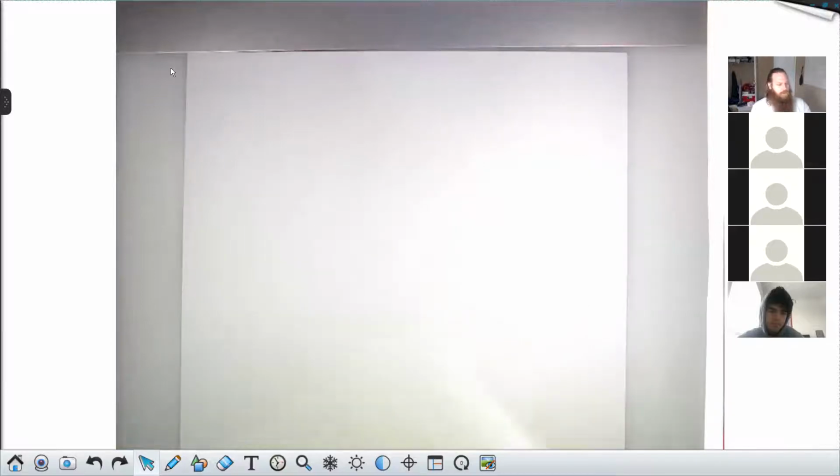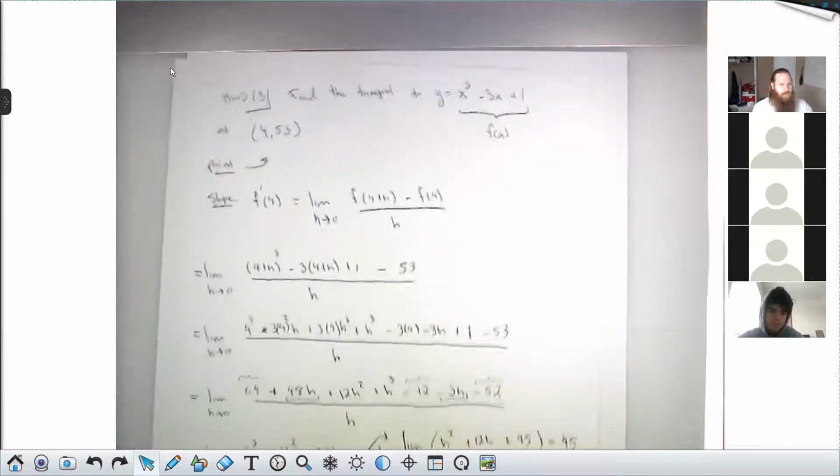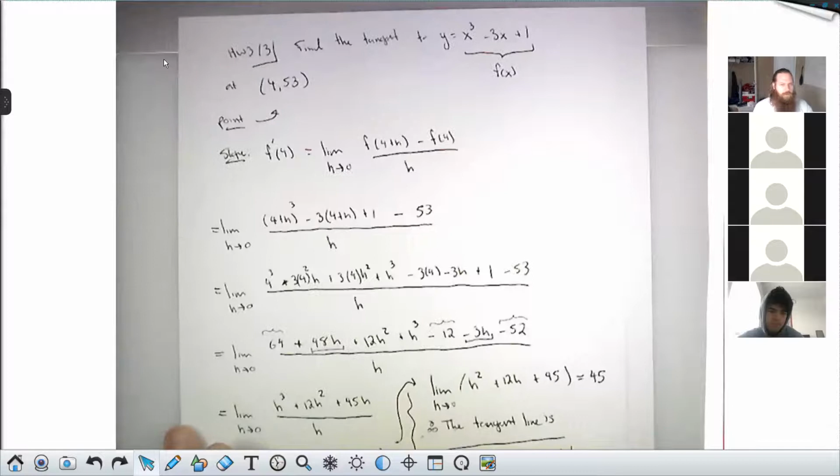Let me see here. So there was another question in chat. Joe's asking, where did the cube come from? So our function here was x cubed minus 3x plus 1. So f of 4 plus h is what you get by subbing in 4 plus h for x everywhere here, right? This is f of x.